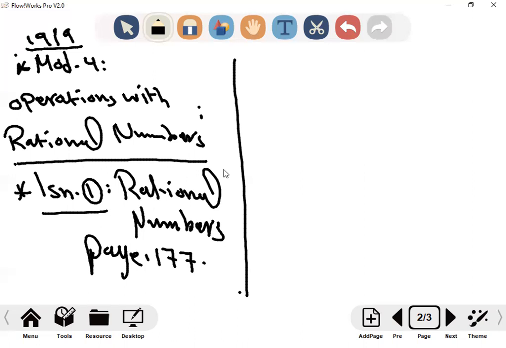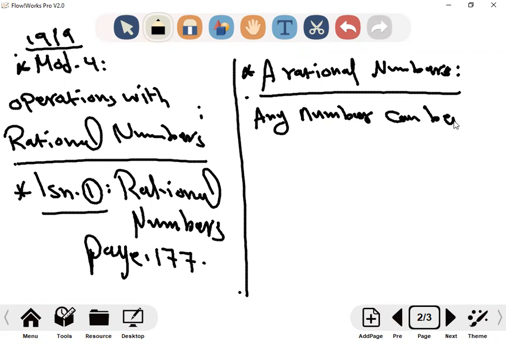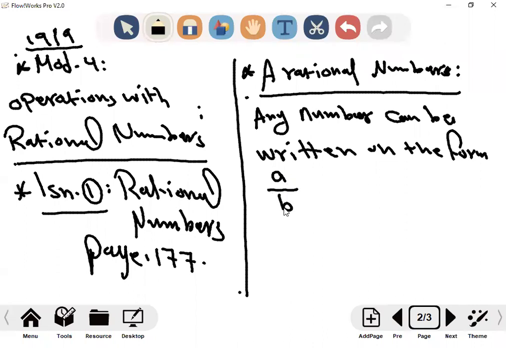So here, focus. A rational number is any number that can be written in the form A over B. Any number you can write as A over B, we call it a rational number.